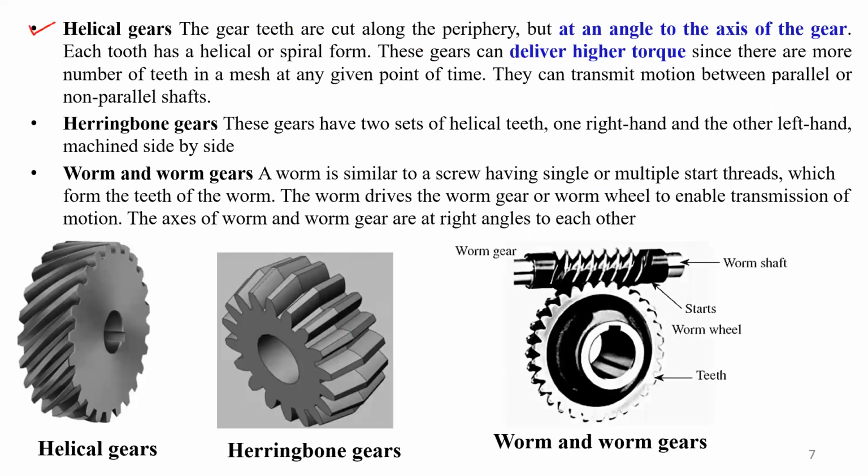Another gear is called the helical gear. In this, the gear teeth are cut on the periphery of the gear blank, but at an angle to the axis of the gear.